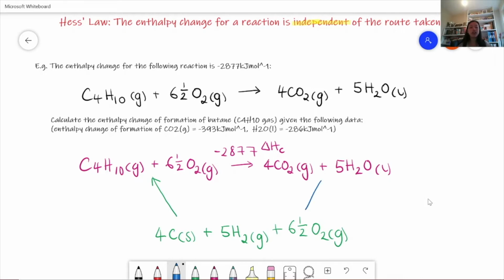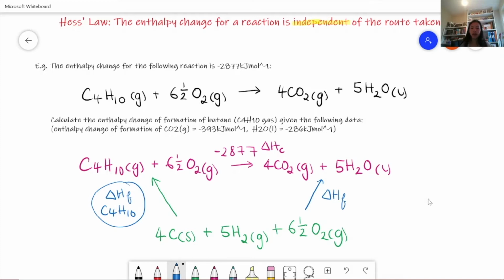So actually, this is the delta H of formation of all of this, whereas this will be equal to the enthalpy change of formation of just the butane, because the 6.5 oxygens haven't changed. So this is equal to the delta H of formation of the butane. And this is what we're trying to find. So this is the goal.